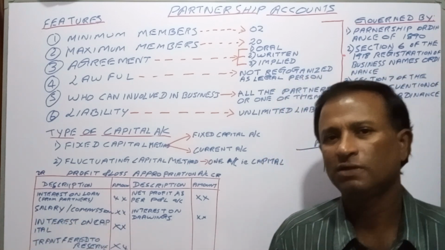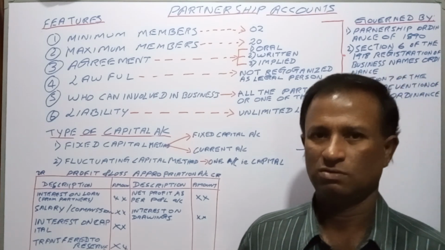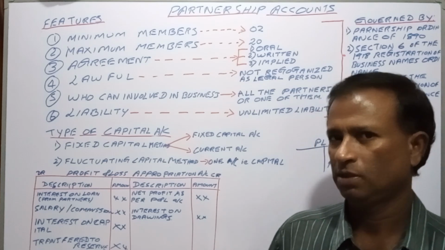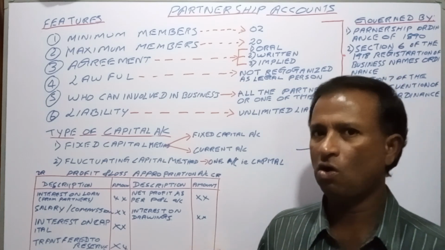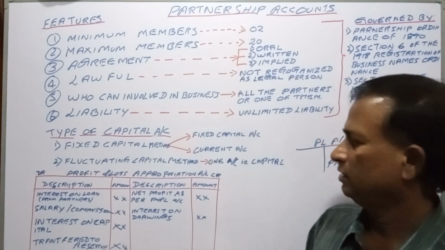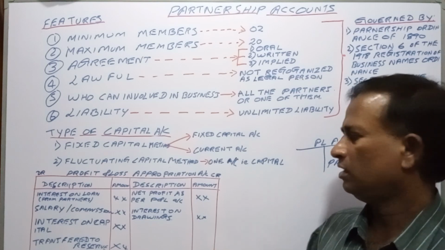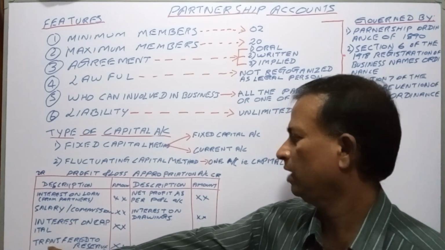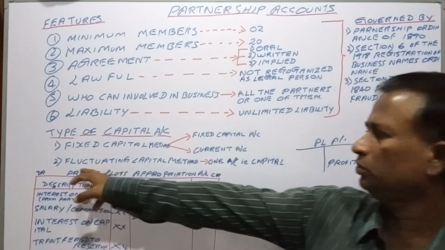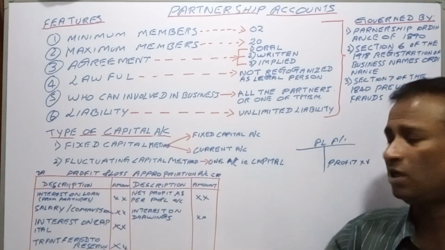Any reserves we decide to transfer to the balance sheet: if we want to have a reserve fund, then the provision for the reserve fund is also made through the profit and loss appropriation account, not from the profit and loss, right?